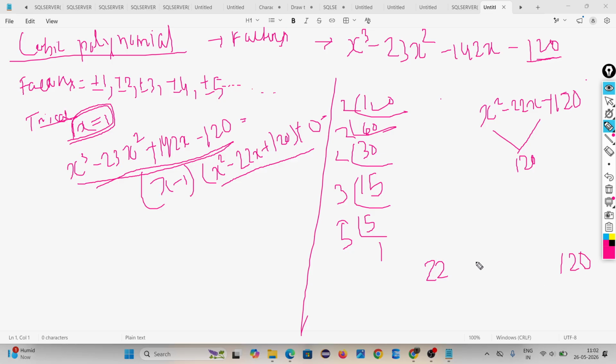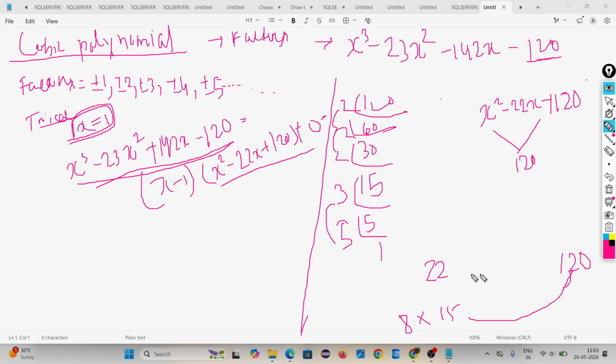Okay, look. First I am multiplying 2 into 2 into 2, that is 8, into 15. When I multiply I get 120, but add and subtract is not possible. Then what should we do?